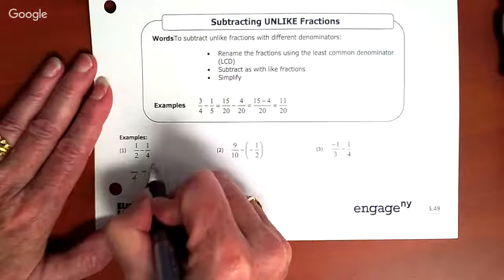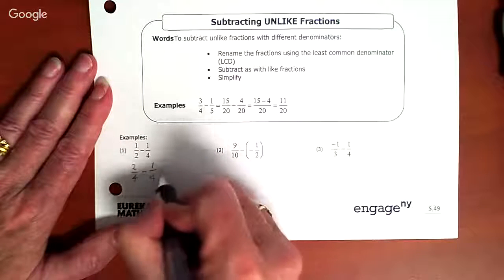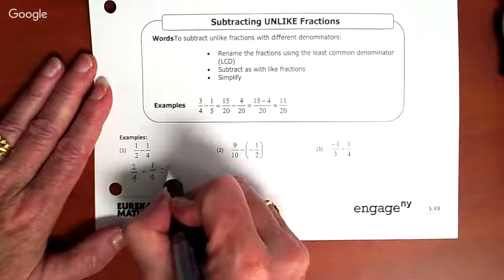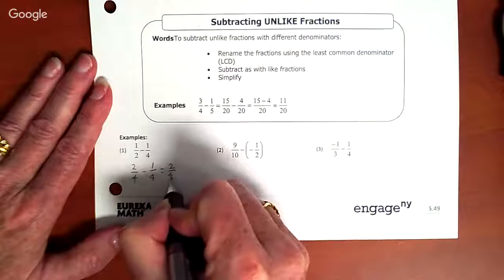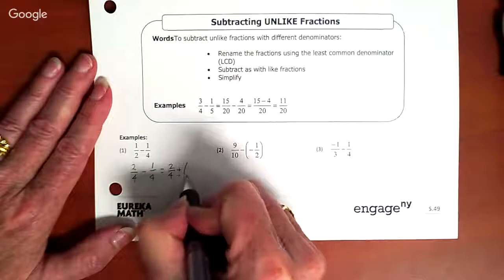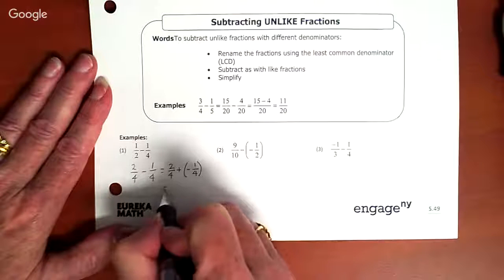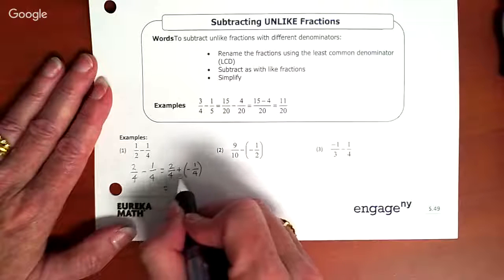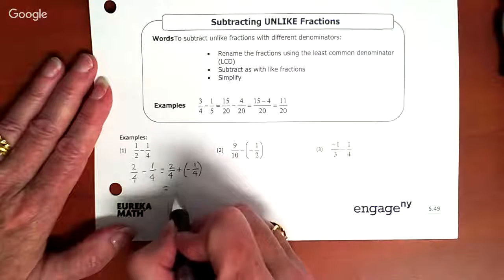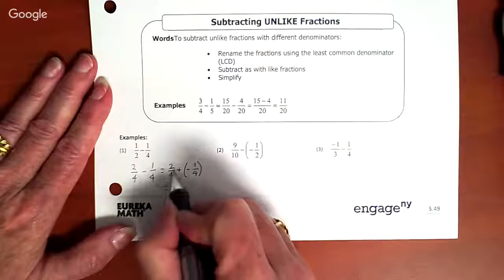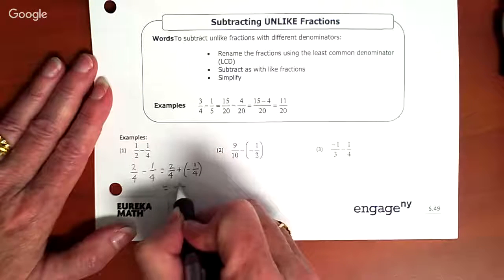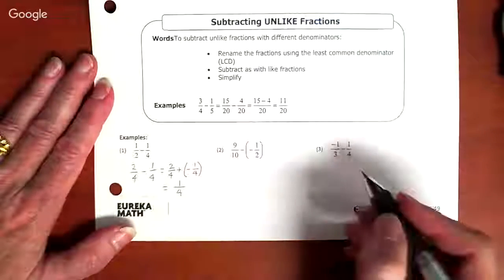So we have our 1/4 and 2/4. So we're going to leave, change, change, and add. 2/4 plus -1/4, so we have 1/4. Signs are opposite, subtract the two numbers, keep the sign of the larger.